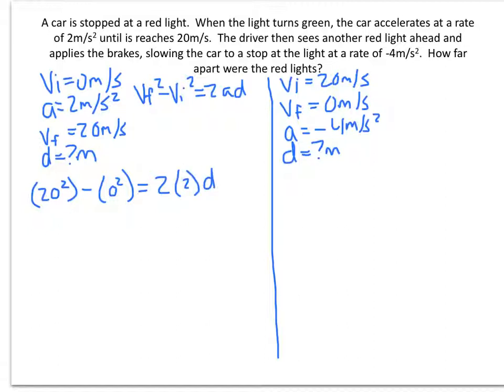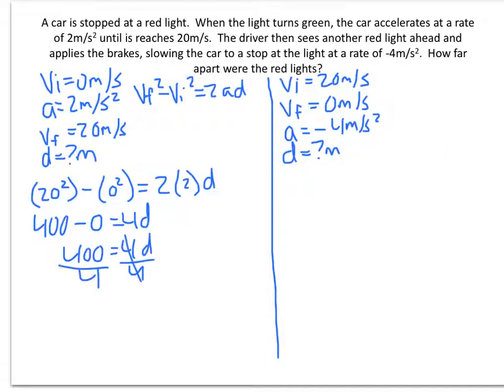So 20 squared should be 400, minus 0 equals 4 times d. So I have 400 equals 4d. If I divide both sides by 4, that cancels, and I get a displacement of 100 meters. That's my first one. So maybe I should label this D1.